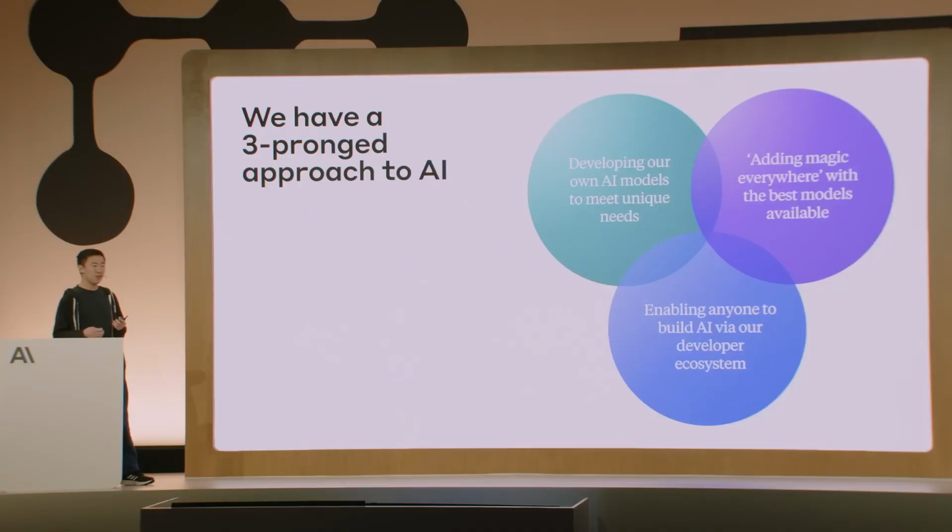This really helps us deliver AI-powered features and workflows to users much faster, much more scalably, and also much cheaper. And finally, to round things off, we have our app ecosystem where any developer can build apps, including AI apps, for all of our 300 million plus users.